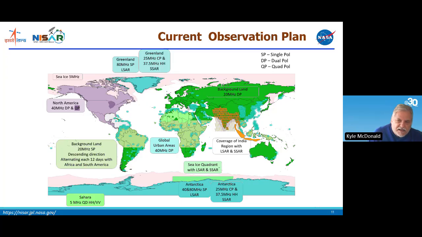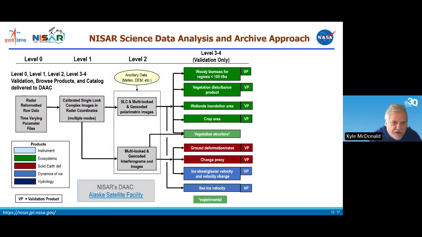They are focusing S-band acquisitions in the Indian subcontinent and these regions in South Asia and also over Antarctica. So the S-band data is not acquired globally, but along with those two regions, it is also providing data over the network of ecosystem calibration validation sites, which are distributed globally. And so those areas will give us some very unique opportunities to look at dual frequency observations and understand how those can be beneficial.